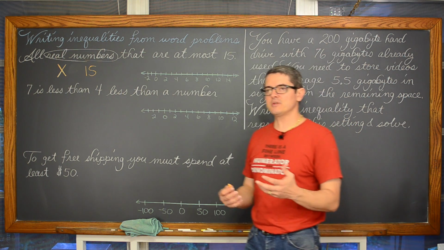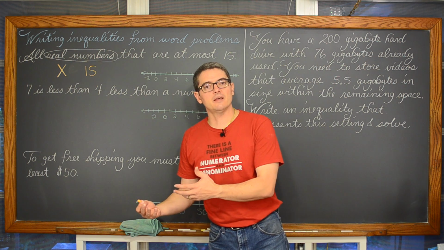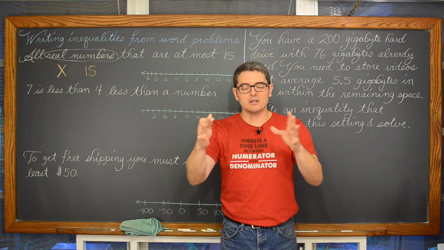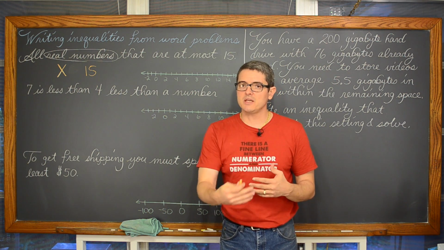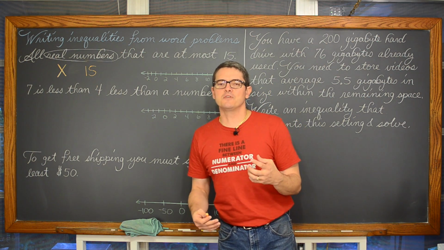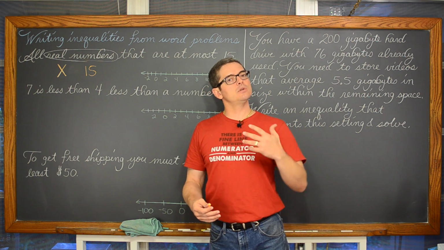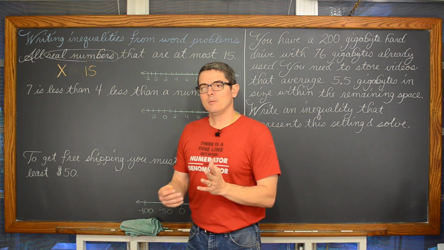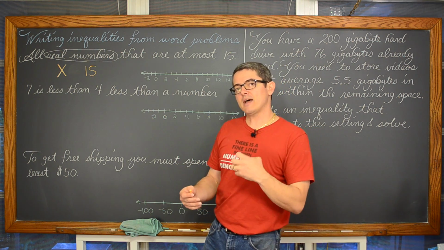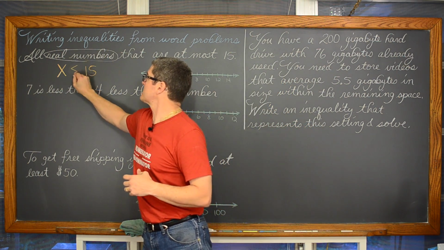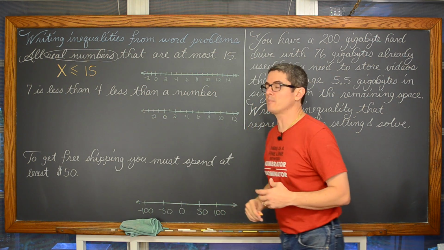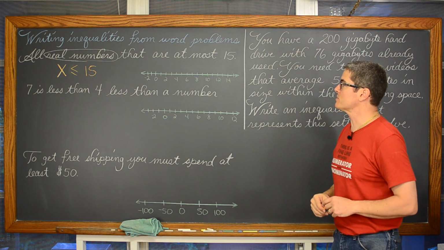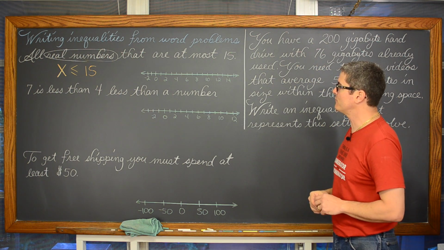Then I couldn't put 17 or 18 people in the van, and we can see that that's an enclosed space. There's a set number of seating, and it holds at most 15. I can go up to and including 15, but I can't go over. I have to have numbers that are less than or equal to. That's how you set up an inequality for all real numbers that are at most 15.